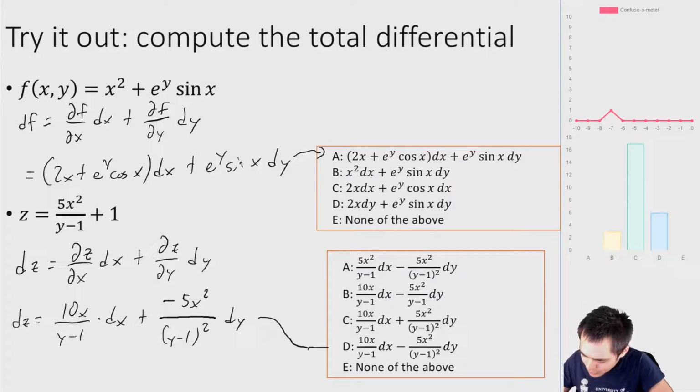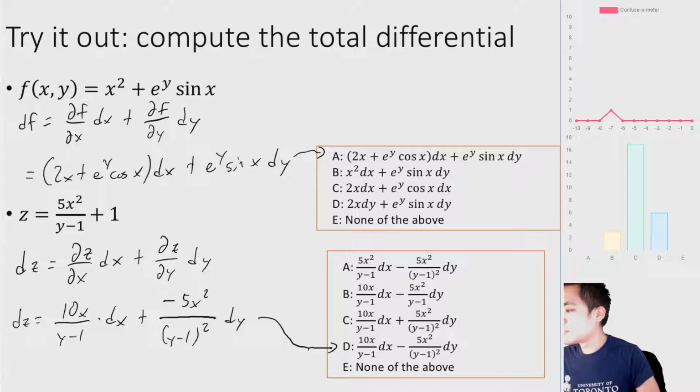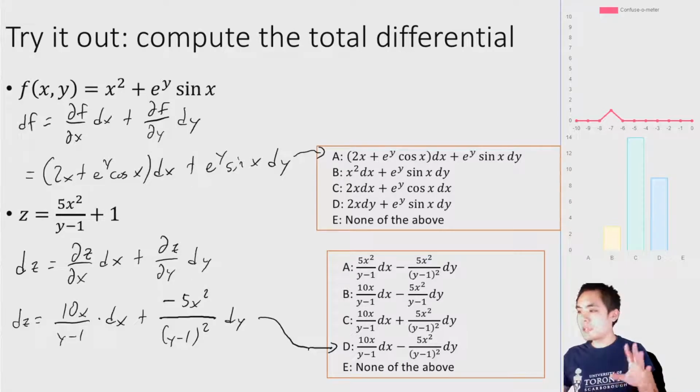Sorry, so that's D here, because you have the y minus 1 squared, and minus 5x squared. Okay, sorry about that. Arithmetic errors are unfortunately commonplace, and you need to watch out for them. But that's the rough process for computing this total differential.